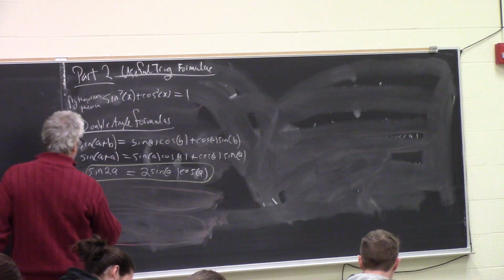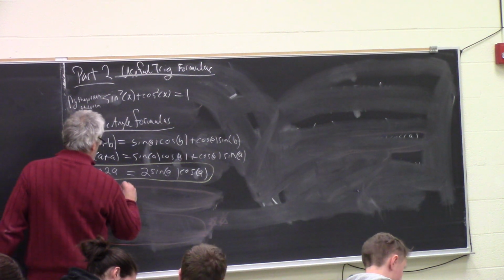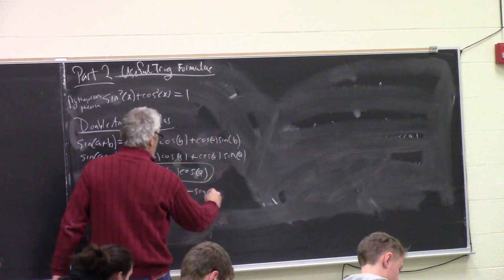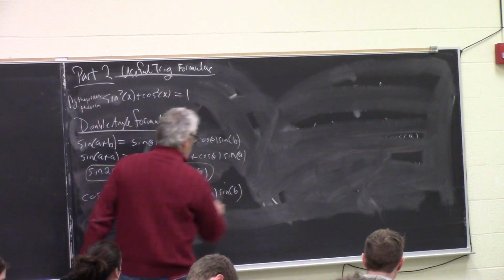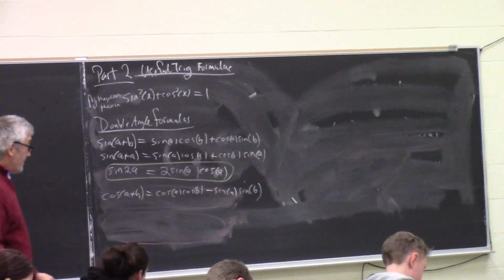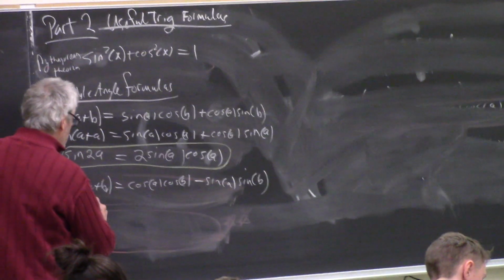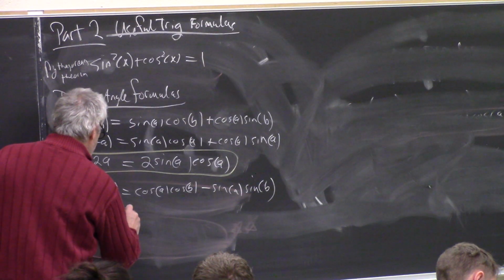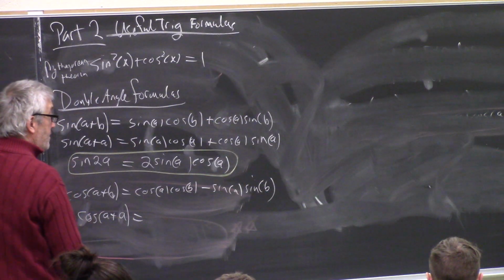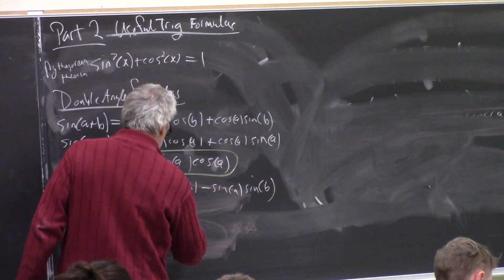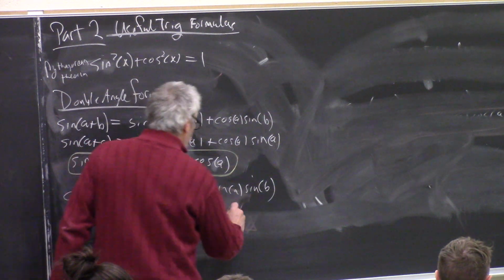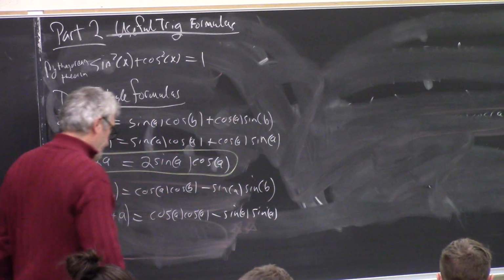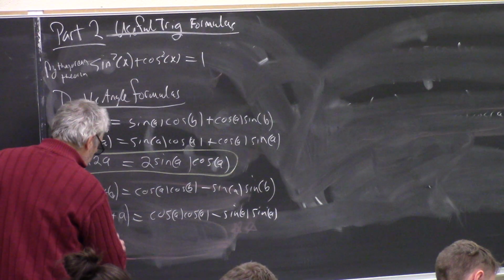Now, there's another double angle formula, which is cos of A plus B. And remember that that's cos A cos B minus sine A sine B. So if I replace B with A, I get cos of A plus A equaling cos A cos A minus sine A sine A. So on the left I have cos 2A.